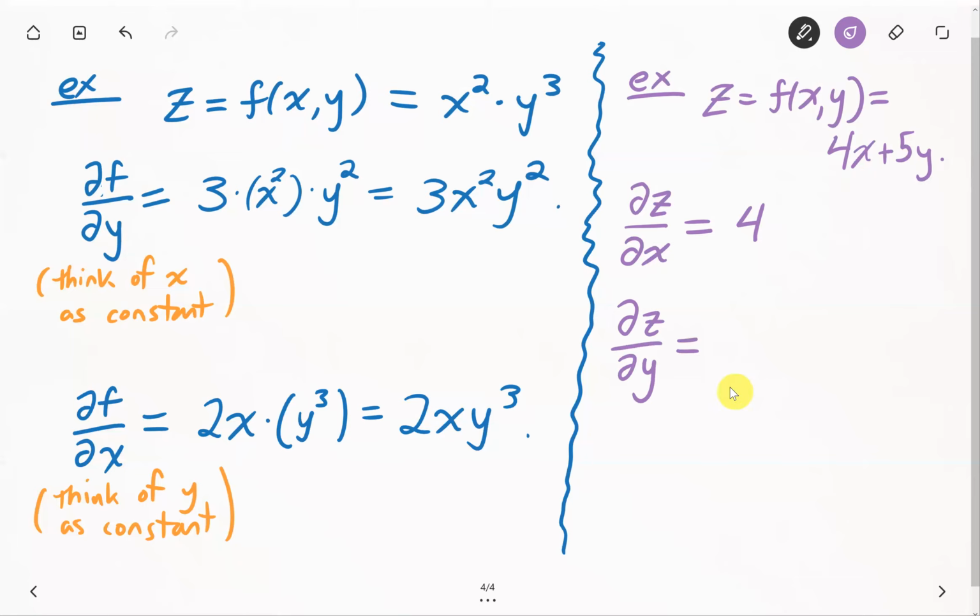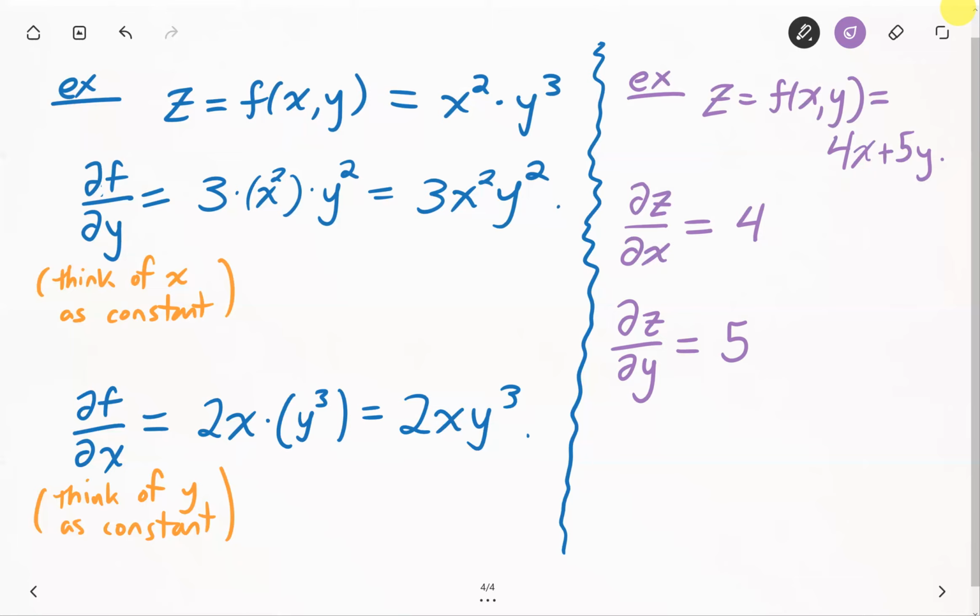And again, the dy on the bottom tells you that y is the variable in this exercise. If y is the variable, then x is a constant, and 4 times x is a constant. So now this problem is asking for the derivative of a constant plus 5y. The derivative of the constant 4x is 0. The derivative of 5y is 5. That's kind of interesting. It's got 2 constant derivatives.